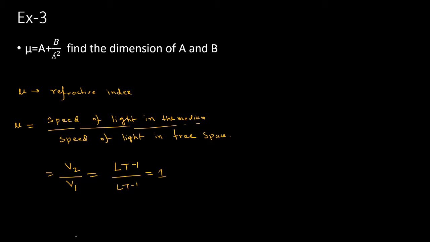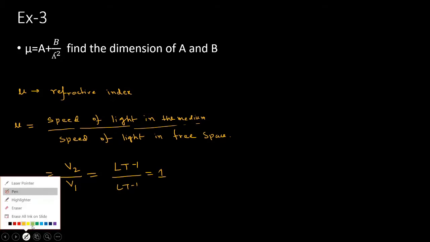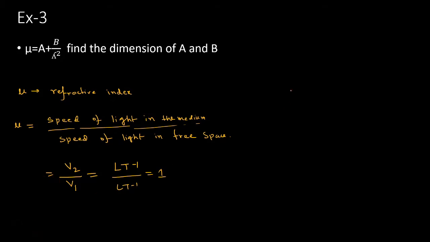If you check the question, what is the given equation? The given equation is mu equals a plus b by lambda square, right? Clear? So if I take the whole term to the left-hand side, it will be mu minus a minus b by lambda square equals 0.